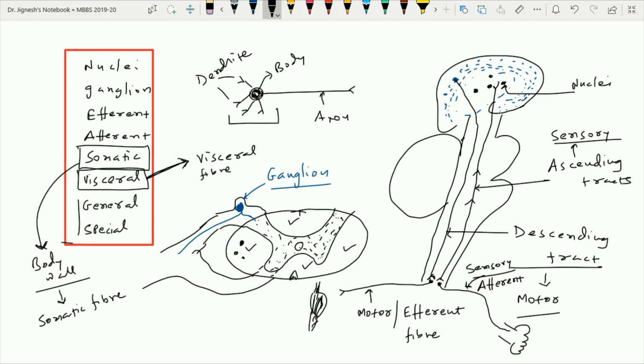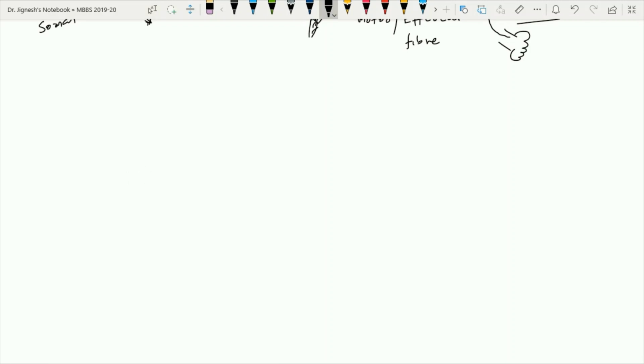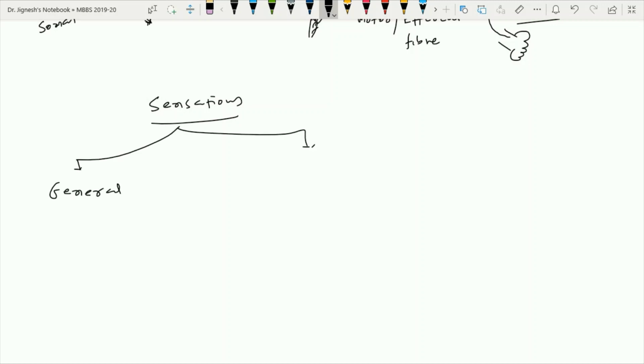The meaning of special and general is important to understand for the functional components of the cranial nerve. Now, before going into detail of the words general and special, let's think about the sensations of our body. Sensations may be of two types, either general sensation or special sensation. The general sensations are those which can be felt all over the body, or we can say from all parts of the body.